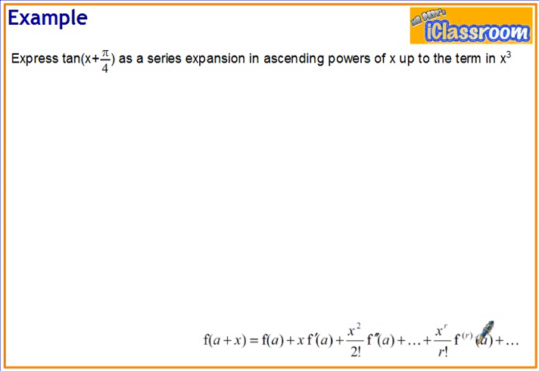Okay, so as per usual, what I'm interested in is evaluating the derivatives of my function. So my function in this case is going to be tan of x plus pi by 4. So my f of x function is, let's just say, tan x.